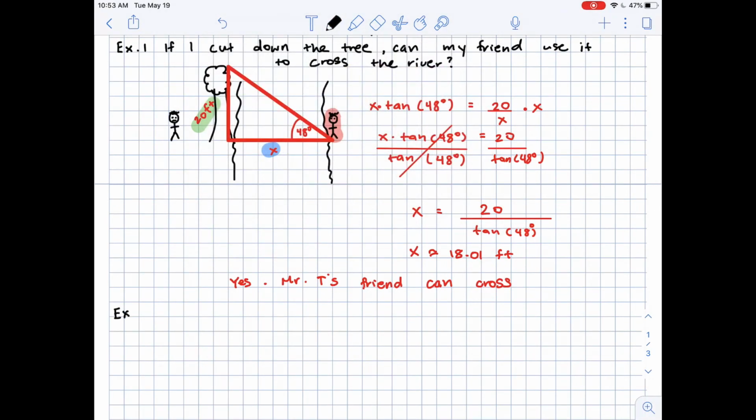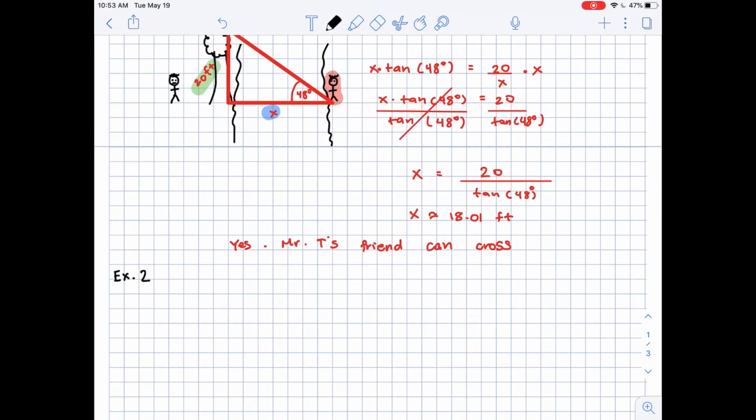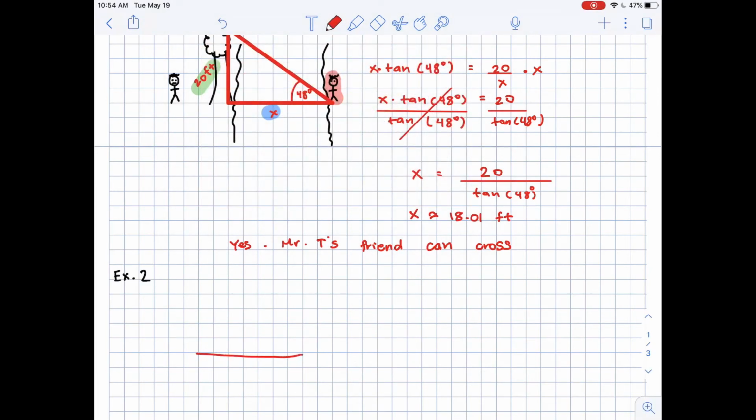Let's do another one. Okay, I'll do fewer diagrams to make things easier. Okay, maybe I'll use some diagrams. So, I'm standing away from a wall. And there's a height that I want to get to.